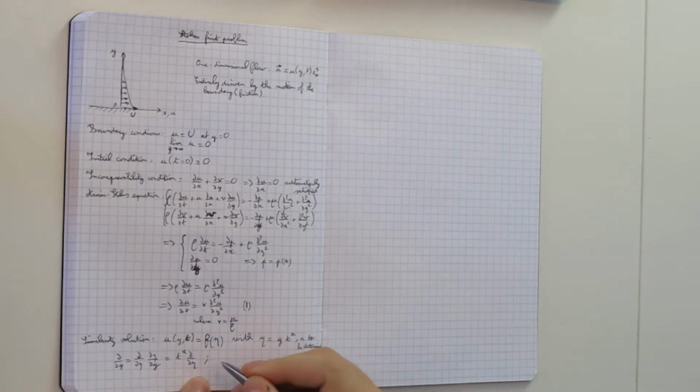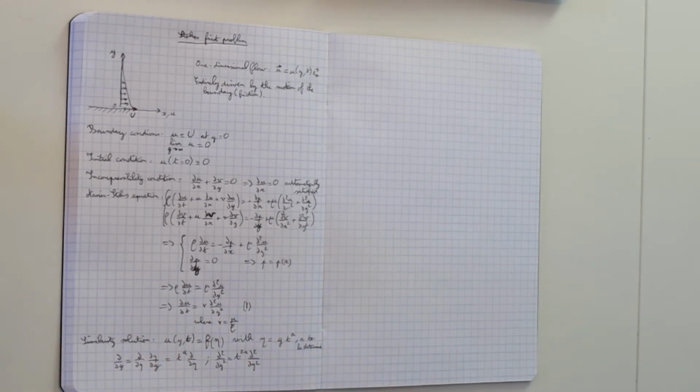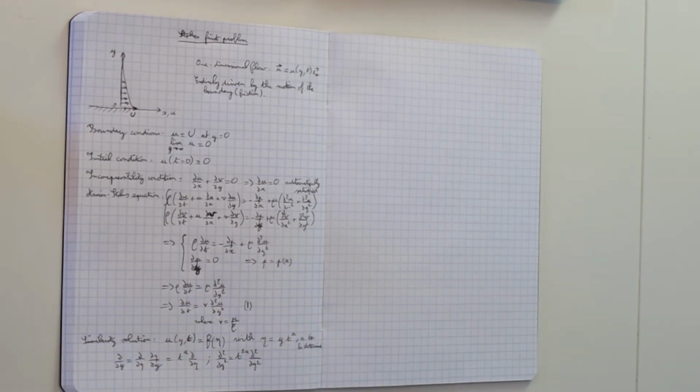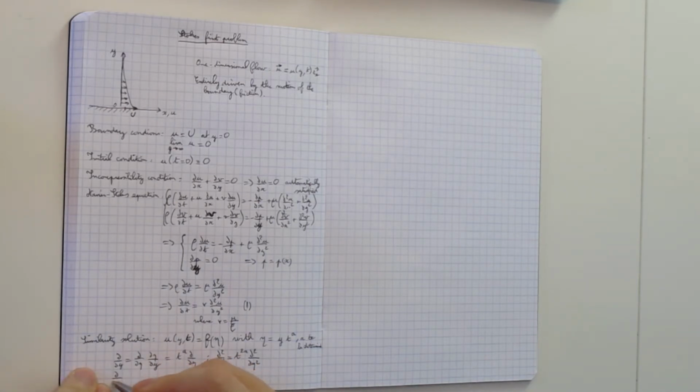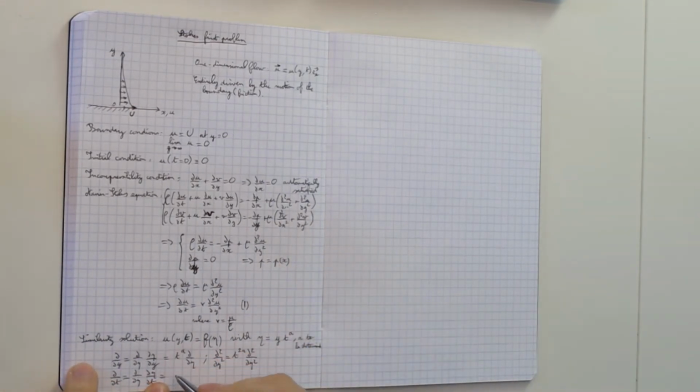Similarly, I can get that d2 by dy squared will become t to the 2a d2 by d eta squared. And the other one that I need to know is d by dt. And d by dt is d eta by dt times d by d eta. And d eta by dt is a y t to the a minus 1. So this is going to be a y t to the a minus 1, and then d by d eta.